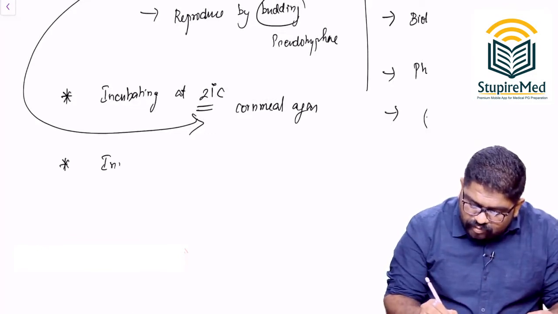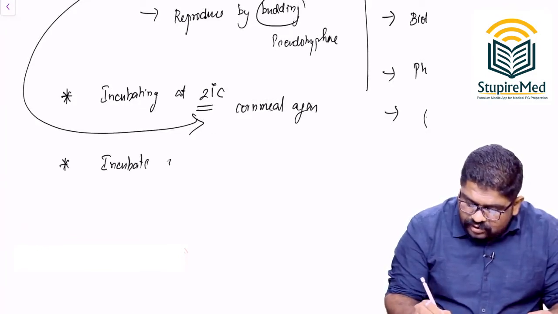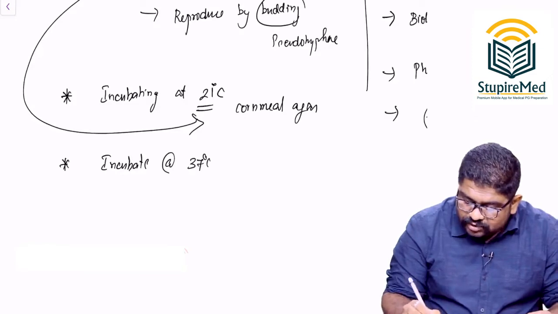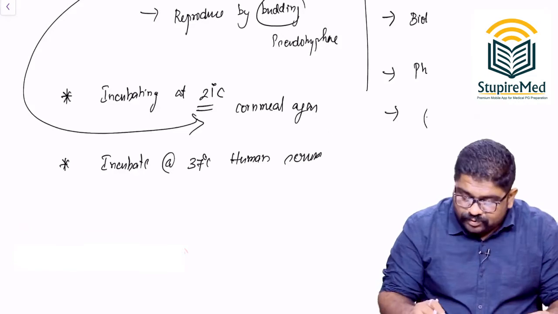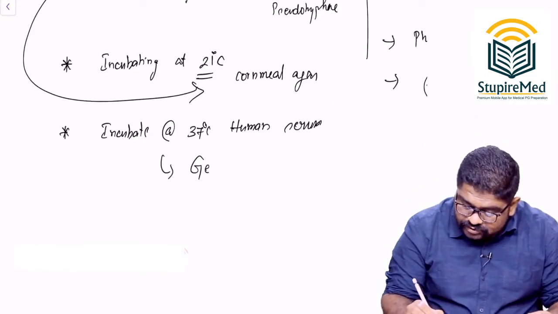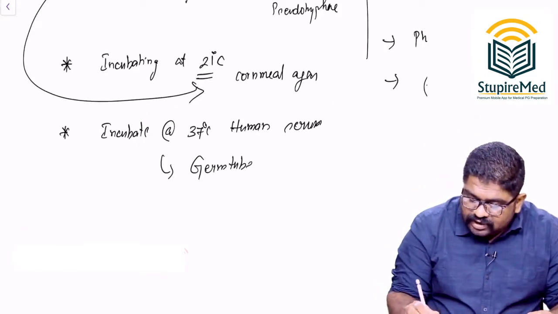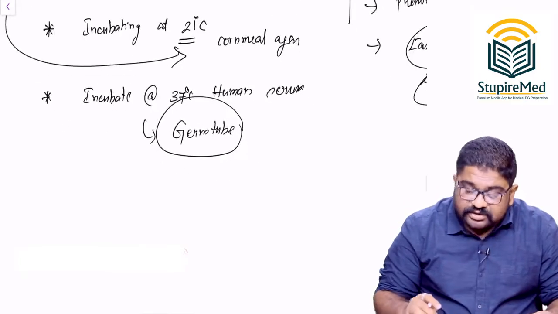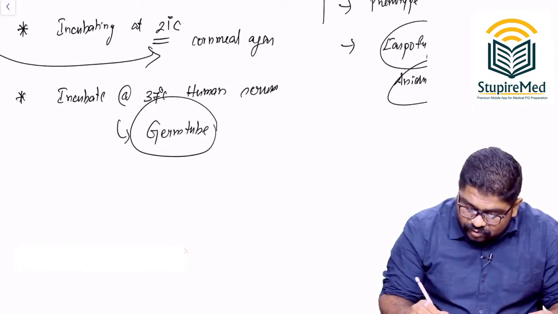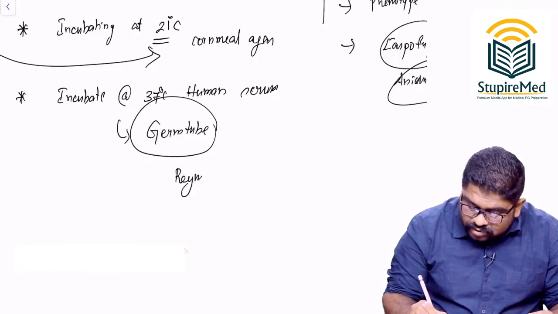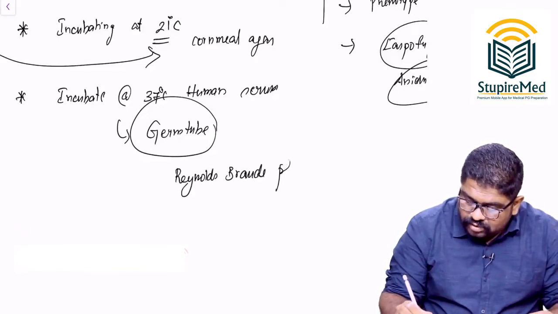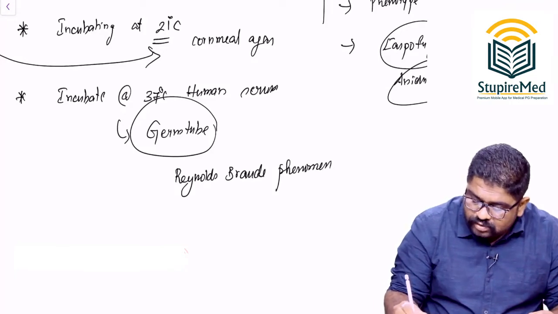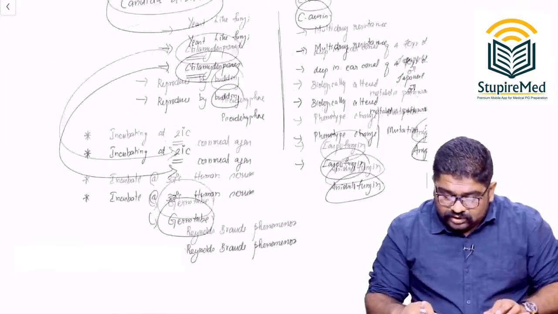If you try to incubate the organism at 37 degrees Celsius using human serum, then the organism starts producing germ tubes. The germ tube formation by Candida at 37 degrees Celsius in human serum is referred to as the Reynolds-Braude phenomenon.